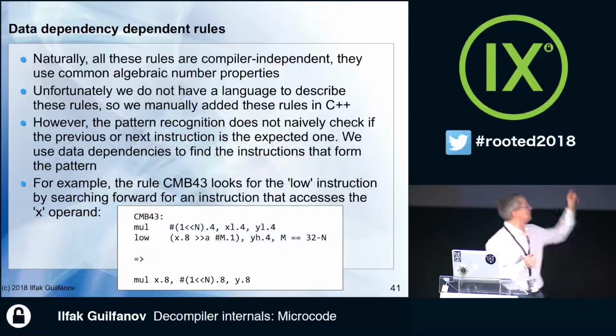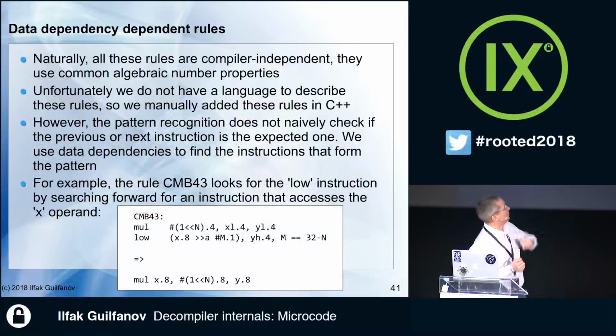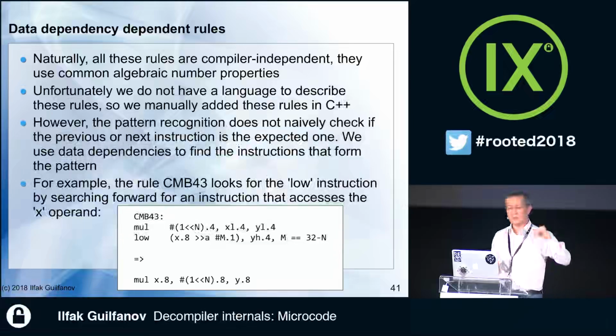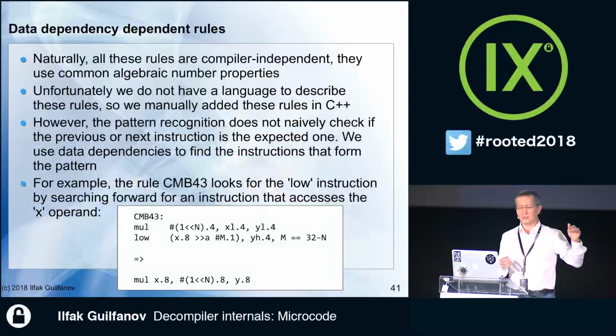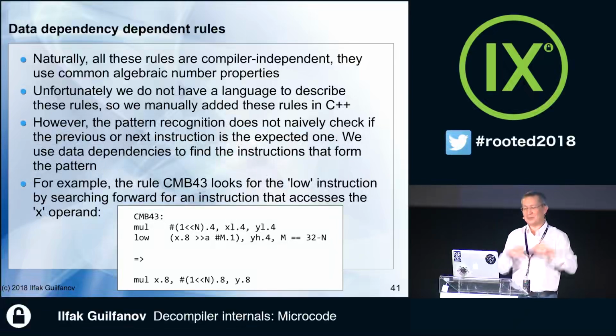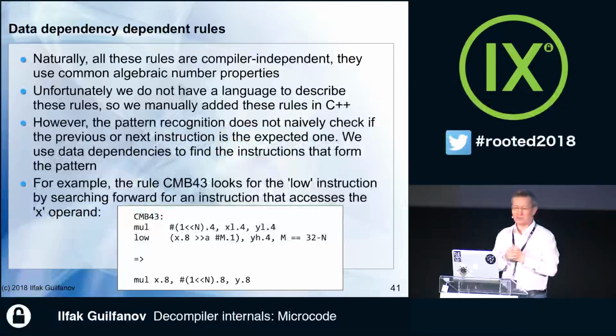For example, on this slide we have the multiplication rule, which says that if you multiply the low parts, then we take the low part of the higher, then we multiply the higher parts and we store it into the high part of the result, then we can combine it into a nice multiplication like this.